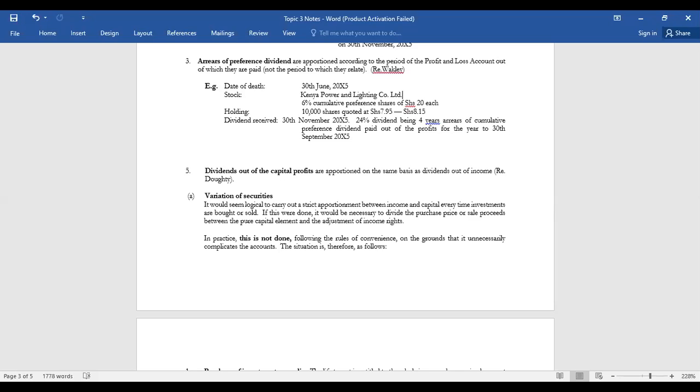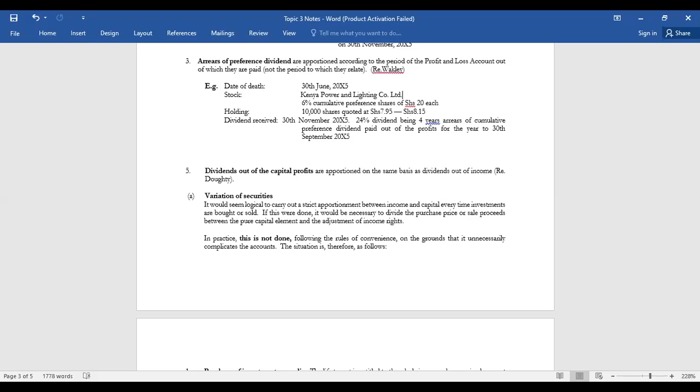How many years? Kindly look. We have been guided on the years. Oh, 4 years. So it will be 4 multiplied by 24 over 100 multiplied by 10,000. Then we multiply by 9 over 12.